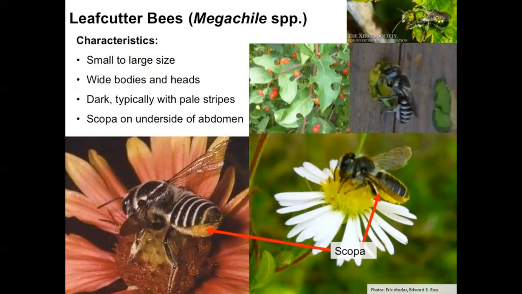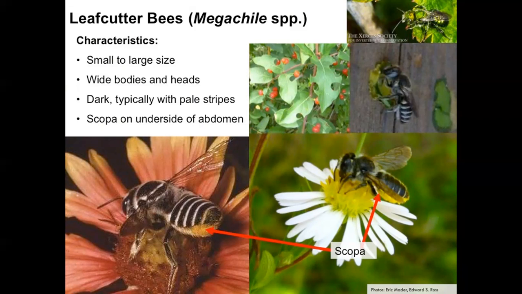Now, the key characteristics of the leafcutter bees: there's 1,100 species worldwide and 140 in North America. They cut pieces of leaves or petals even to line their nests or their brood cells. And they're smoky colored, stout bodied, and they have a flat abdomen, more flattened than we're used to on other ones. They have a broad head to accommodate really broad mandibles that they need to cut those leaves.